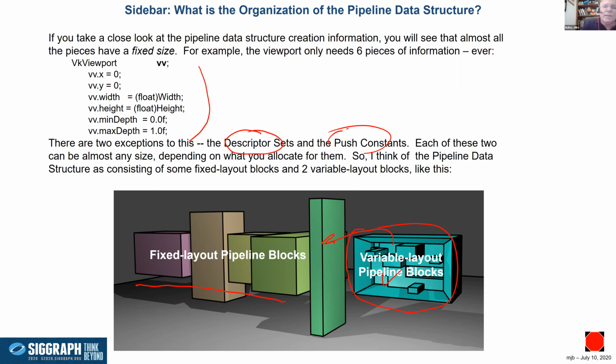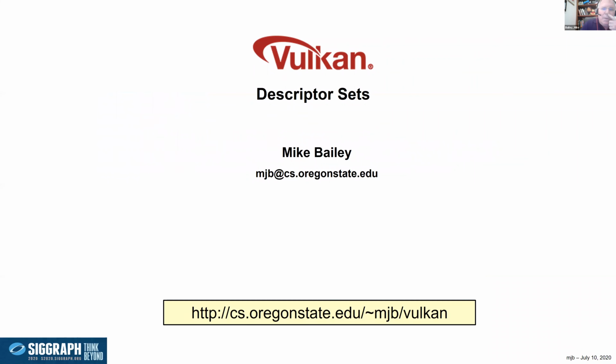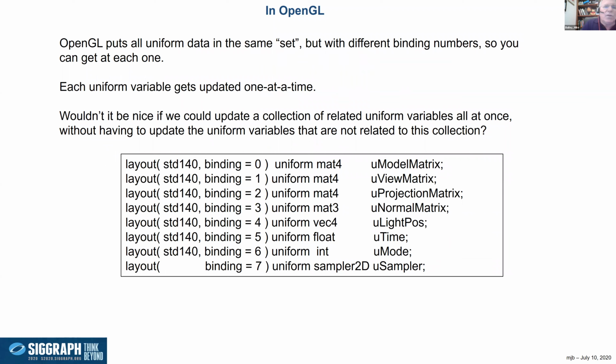All right, so we have been talking about this thing called descriptor sets all along. In this next chapter, we're going to get into what those descriptor sets actually are. So in OpenGL, OpenGL puts all its uniform data in the same set.